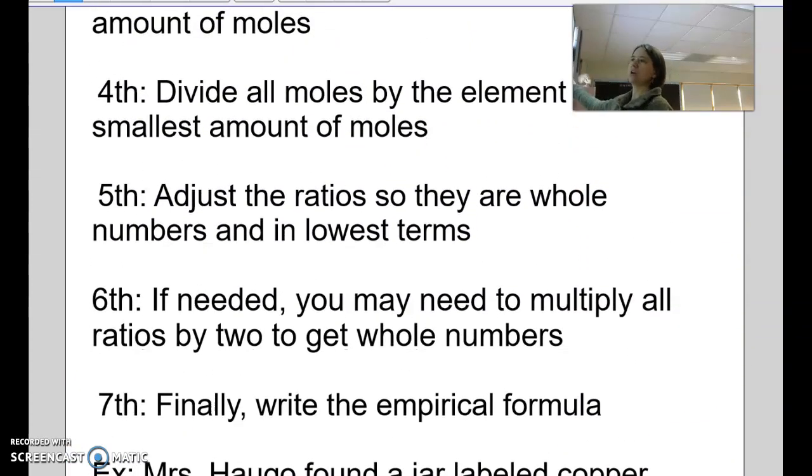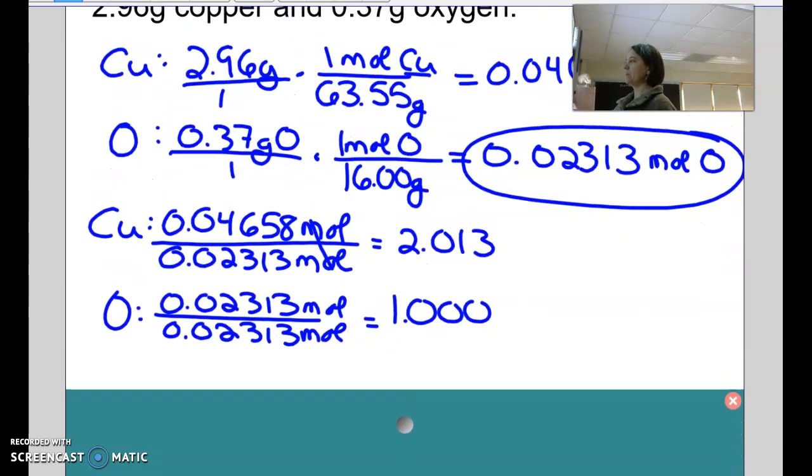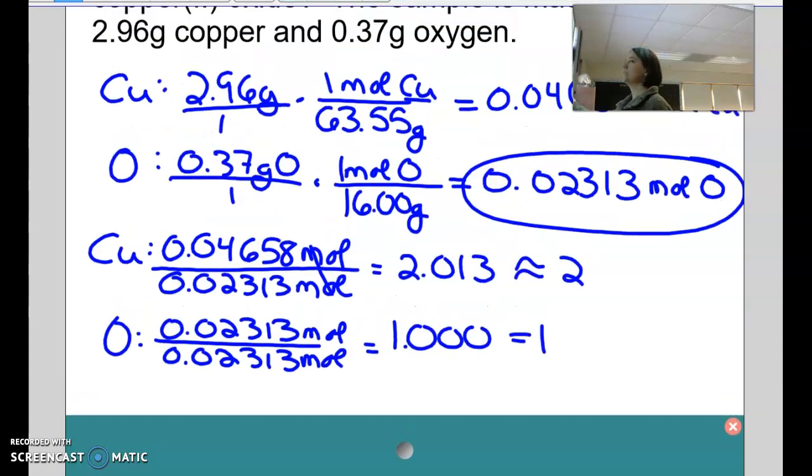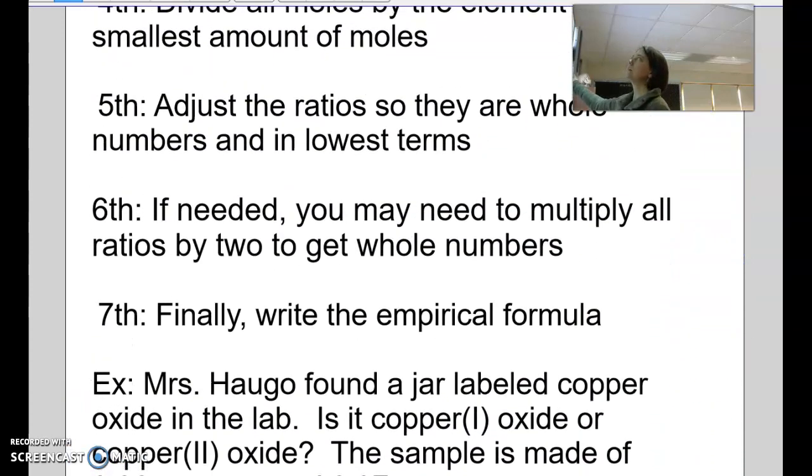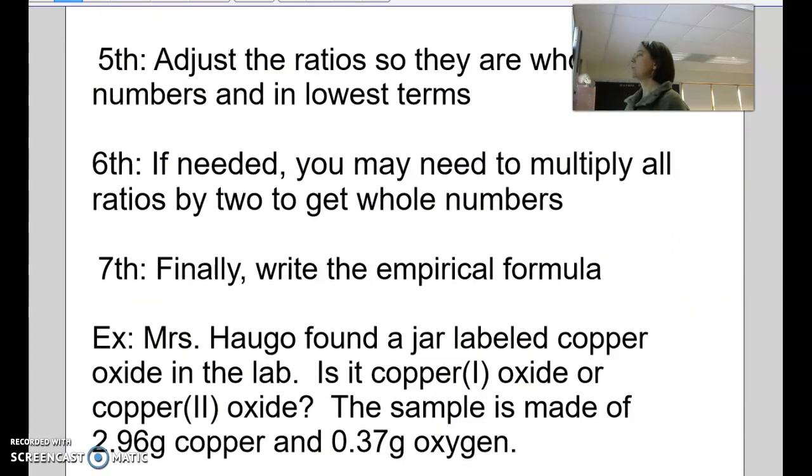Adjust the ratios so they are whole numbers. Well, this is going to equal 1, and this is very close to 2. Step 6, if needed, multiply all ratios by 2. Well, we don't because they were very close.